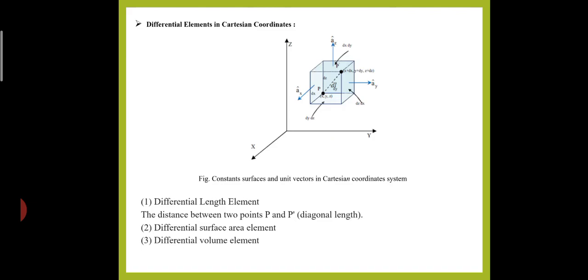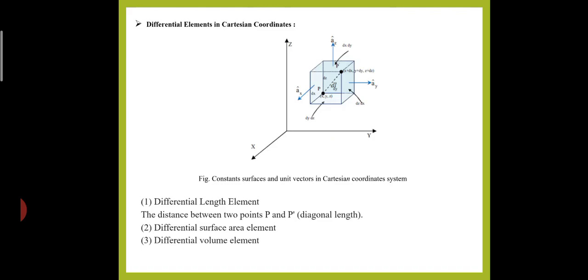Increase each coordinate by a differential amount, and a new point P dash will be obtained having new coordinates. Thus, dx is equal to the differential length in the x direction, dy is the differential length in the y direction and dz is the differential length in the z direction. Hence, the differential vector length, also called the elementary vector length, can be represented as dl is equal to dx ax plus dy ay plus dz az. So, this is the vector joining the original point P to the new point P dash.